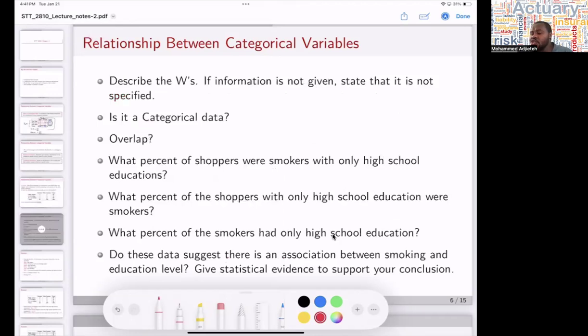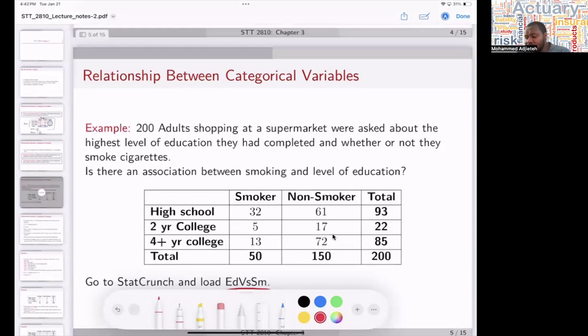Now let's try to describe the W's. We've learned the W's in chapter 1: the who, the what, the where, when, how. If we do not have any information on any of them, we should state that it is not specified. So let's look at the data here. Who? The 200 adults. What was recorded? Smoking status and also level of education.